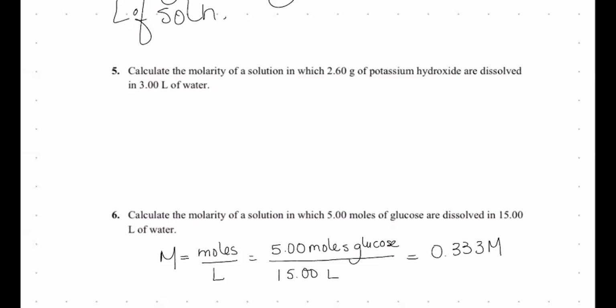Now, on the top problem, instead of having moles, now we have grams. And when we're given grams, as we discussed in the first part of today's review, if you're given grams of solute, the first step is going to be to convert that to moles of solute.